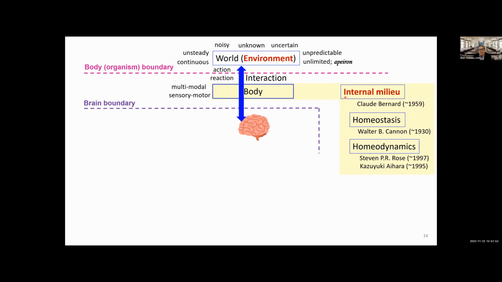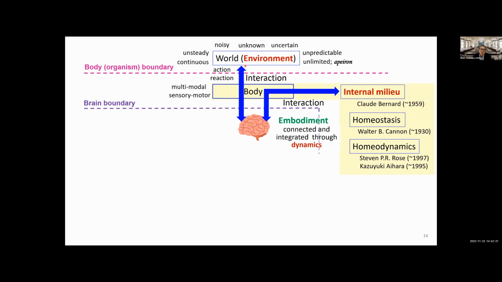So the brain has to interact with both of them. And if you look here, the interaction should always go through the body, and this is also through the body. So the effect of the body should be counted. This is called embodiment.